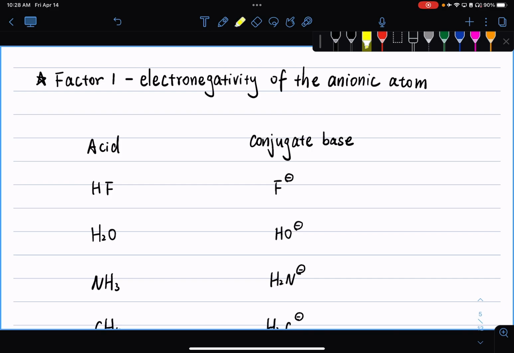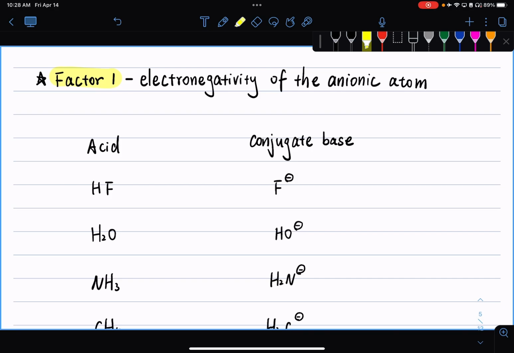So obviously, the first factor is electronegativity. So recall the definition of electronegativity. The more electronegative an atom is, like fluorine and oxygen, it means they have a stronger attraction to their valence shell electrons.